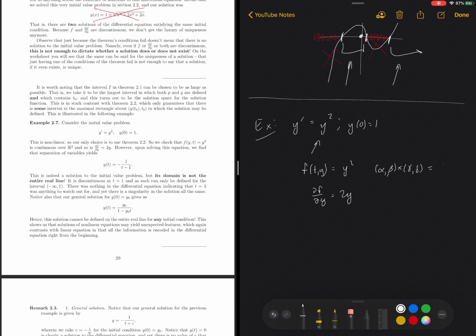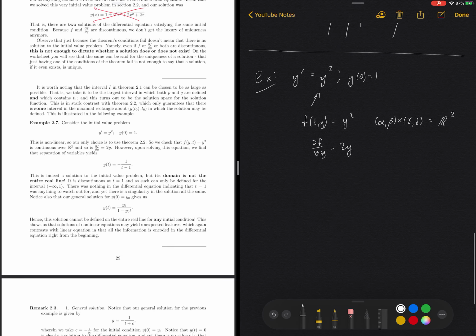So my rectangle, alpha beta cross gamma delta, the open rectangle where my function and its derivative are continuous, is actually all of R2. However, we can solve this very quickly, and I believe we did at some point. Y of t in this case is going to be 1 over 1 minus t.